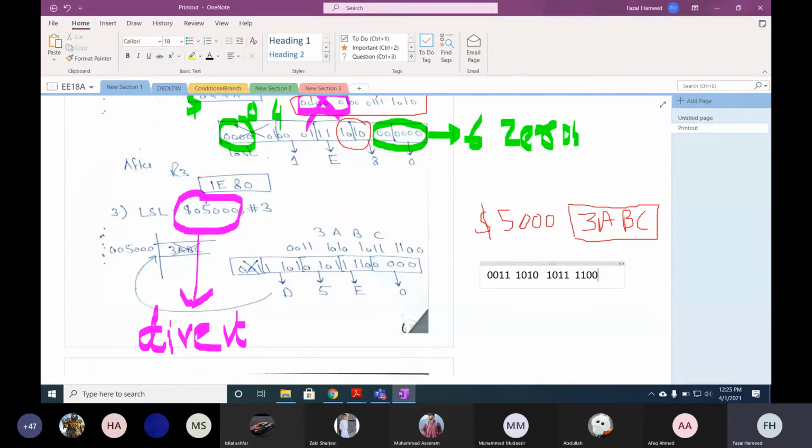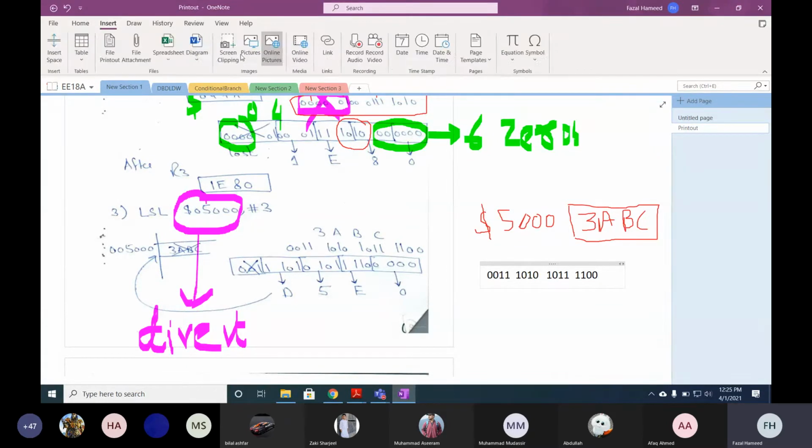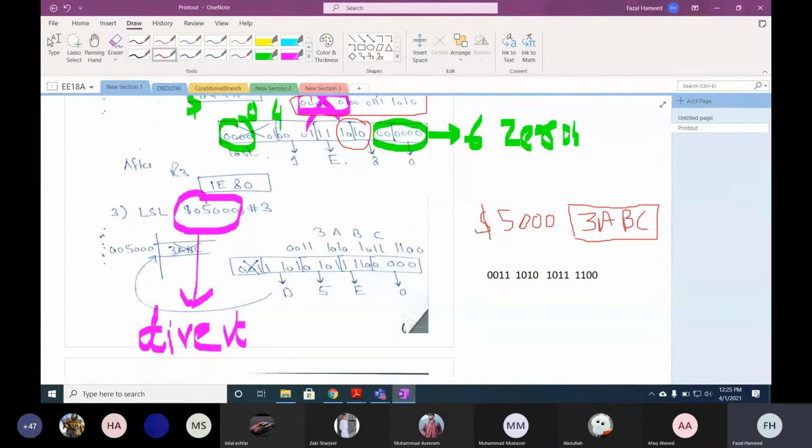Am I right? So this is the old contents. Is this the old content or new content? Old content.